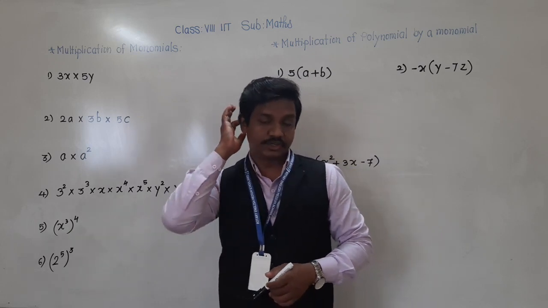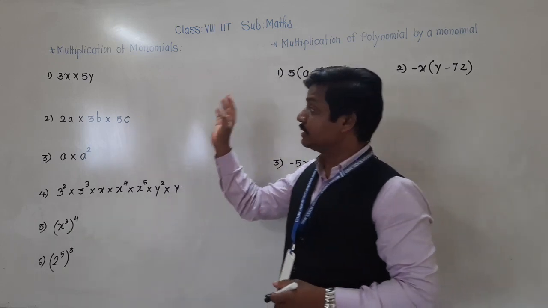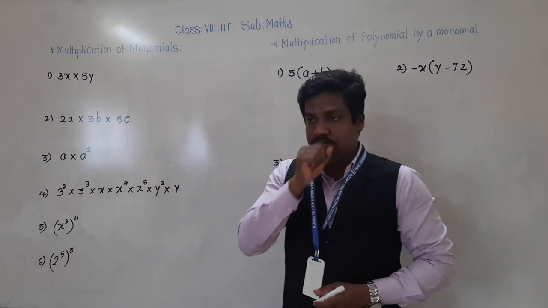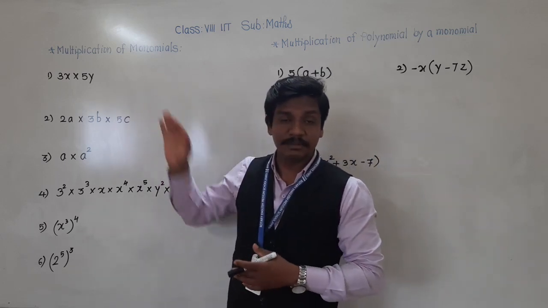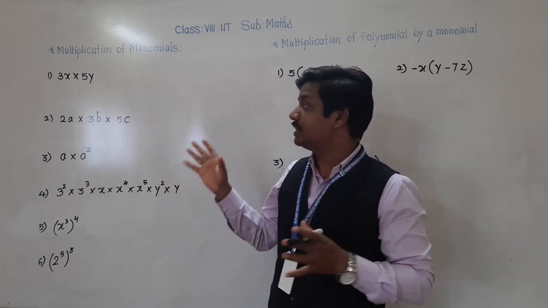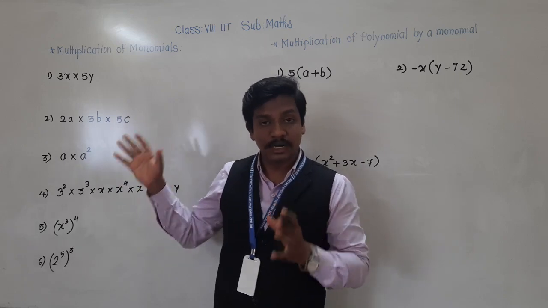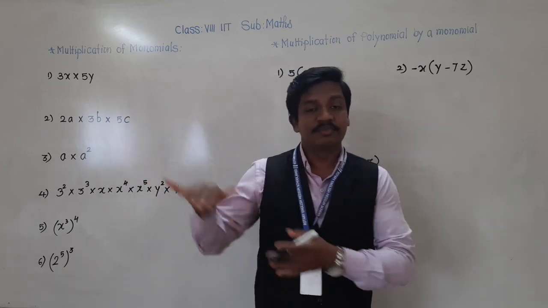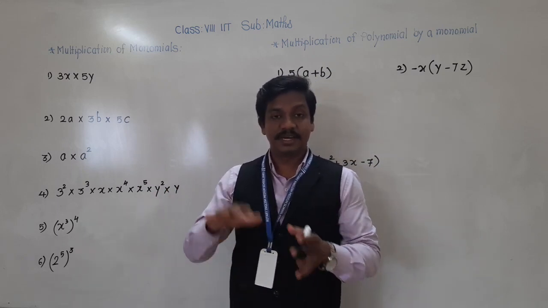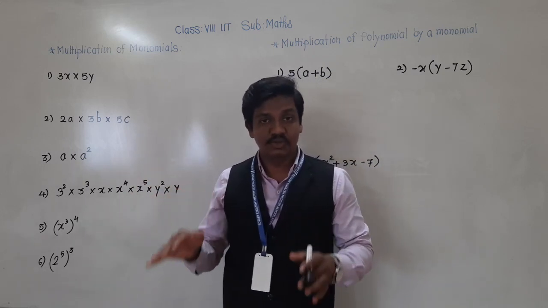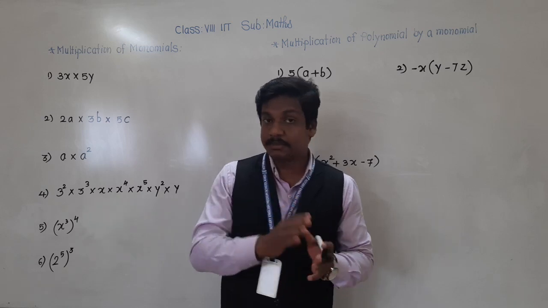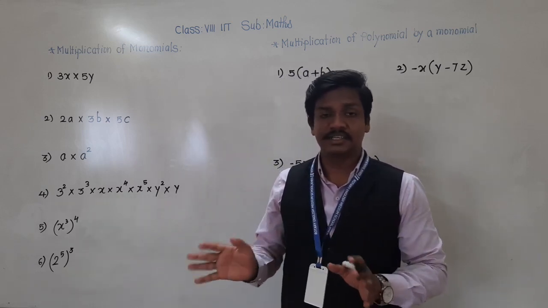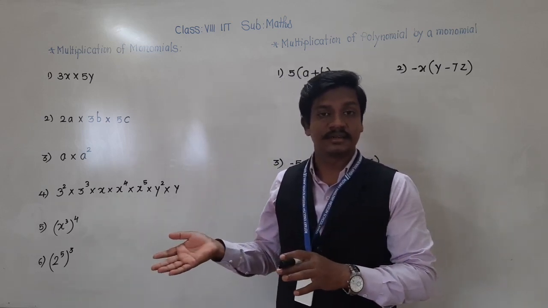But here in the multiplication, to multiply two terms, it is not necessary that they should be like. If they are like, then also okay. If they are unlike, then also okay. Understood? Remember this. We can multiply any terms, maybe like or unlike.